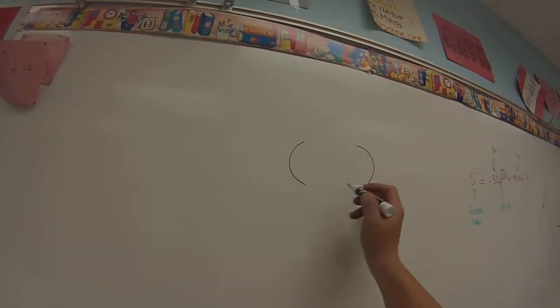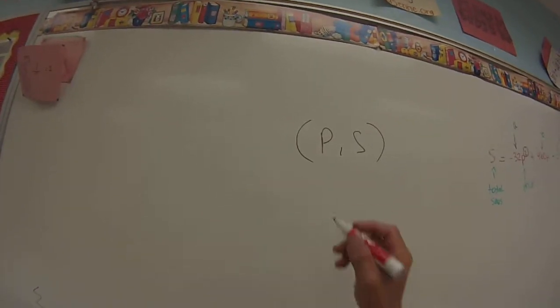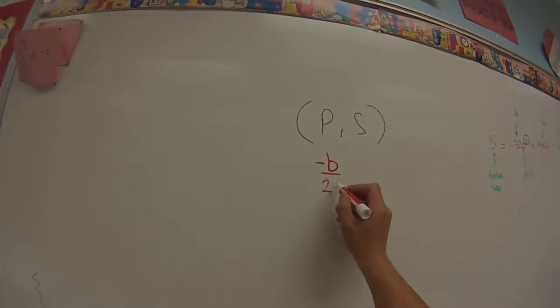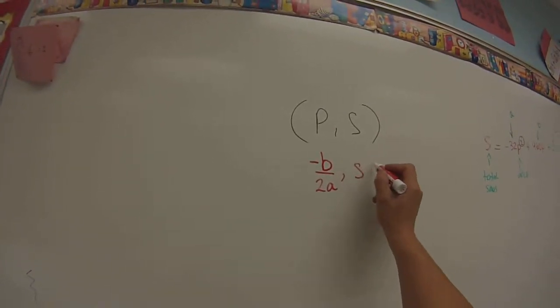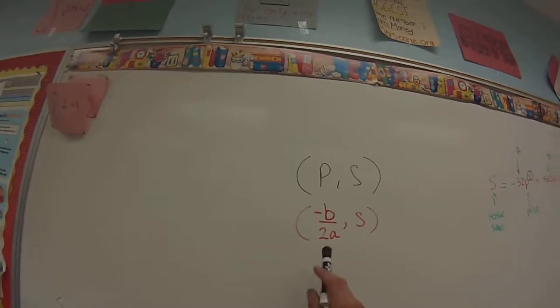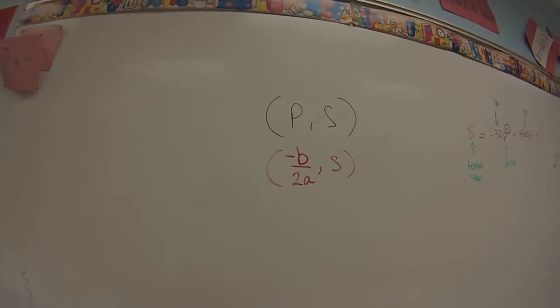The vertex is an ordered pair. In this case, it's made up of a P and an S. P is the price of the toy, S the total sales. So the formula for P, the price of the toy, will be negative B over 2A, comma S. This will give us the P coordinate, or you can call it the X coordinate of the vertex.